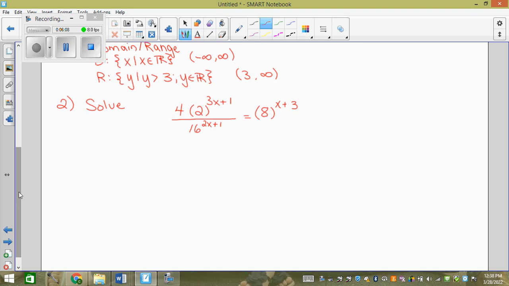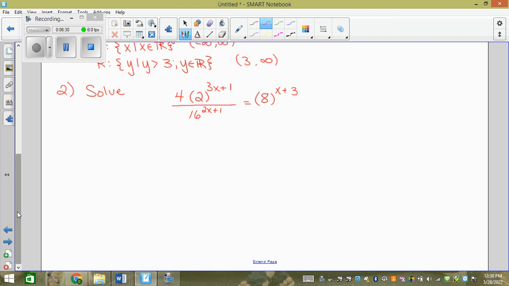By common base. What base can we make them all be? 2. And 4 becomes 2 to the what? 2. And then what am I going to do with these two exponents? Add. Yeah. Okay, and then when we divide, we subtract. So that's number 2.